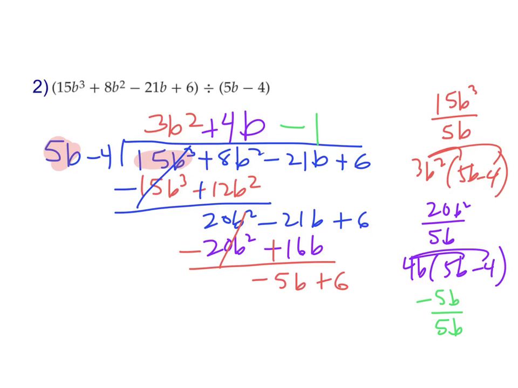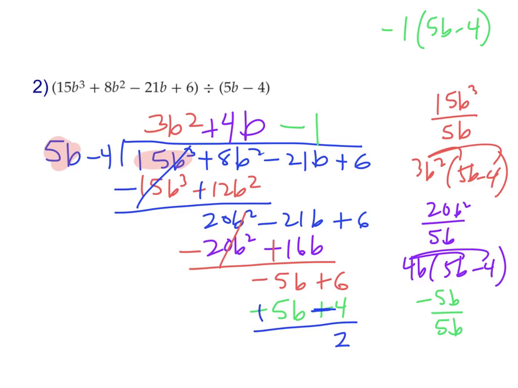Then I distribute again. I'm going to write it up here because I'm running out of room. So that's times 5b minus 4. So that's negative 5b plus 4. Then I have to subtract, which means change the signs. That gives me a 2. Okay, and I'm done. I ran out of numbers.